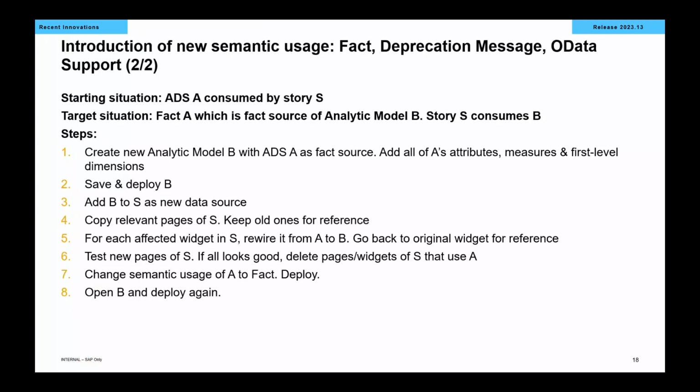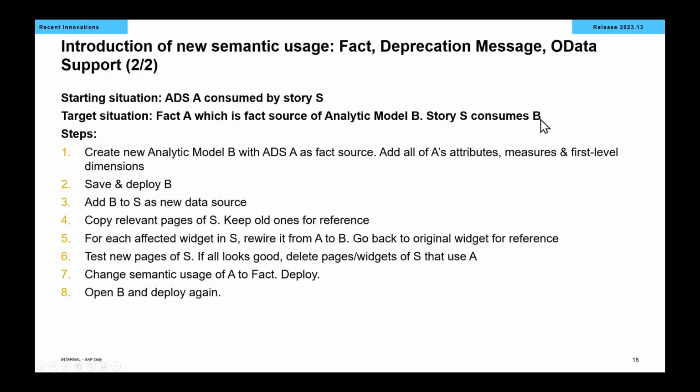So let's take a starting situation of an ADS, we call it A, that is consumed by a story S. Ideally we want to come to a situation where this same object is instead classified as a fact. There's an analytical model B that consumes it, and there's a story that consumes this B instead.